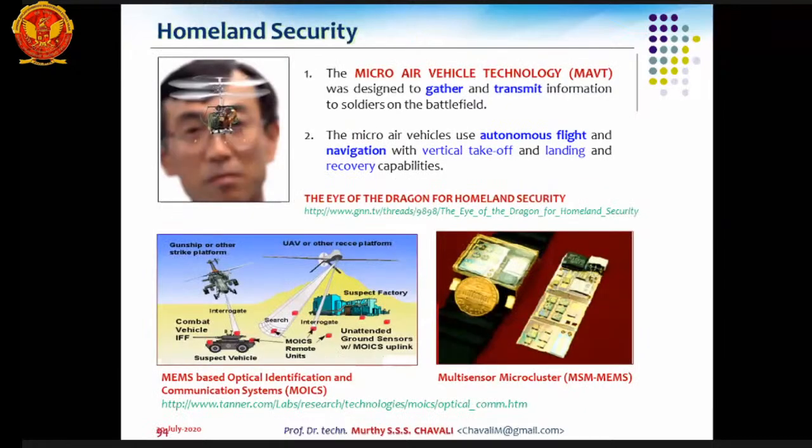And we were also asked to develop something on micro air vehicle technology for identifying or sniffing explosive materials in various crowded places. So the sensor is going to be a very simple one, and at the same time, the sensitivity is going to be very high. So there is a chance of monitoring different areas with these small sensors.